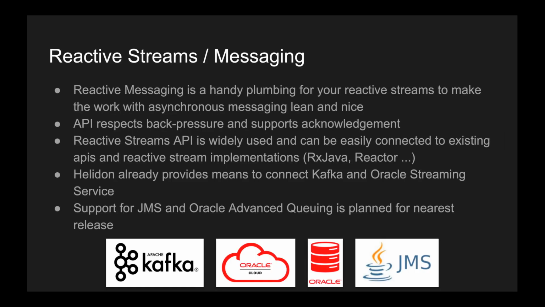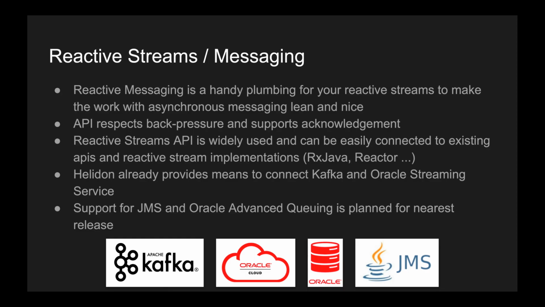Of course, reactive streams and messaging. The funny thing is that Helidon SE is so reactive that reactive support comes directly inside. We have our own implementation of the Reactive Streams API from Java 9+, but we also have support for implementations like RxJava and Reactor.